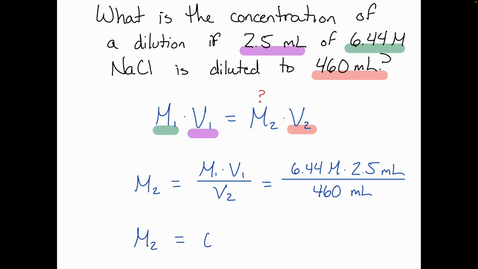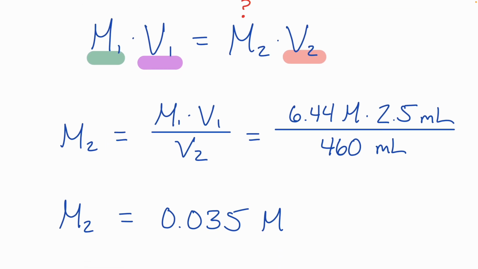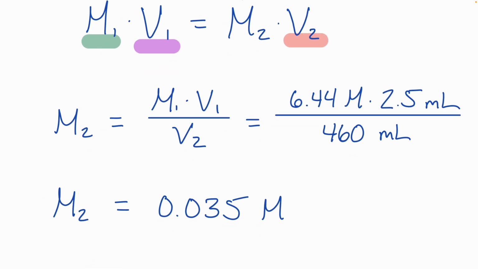My M2 is 0.035. That's what the calculator spits out. What are my units here? Big M, right? And let's convince ourselves looking at our math here. We have our concentration in molarity times our volume. Notice I didn't have to convert my volume to liters.